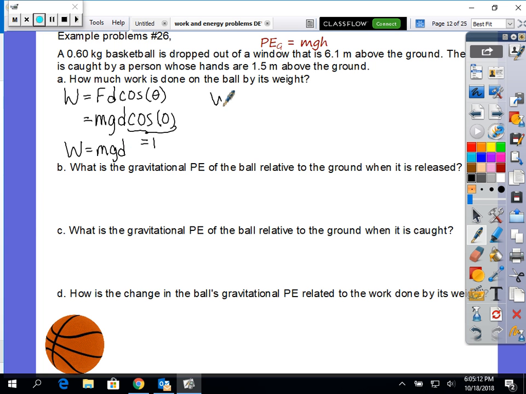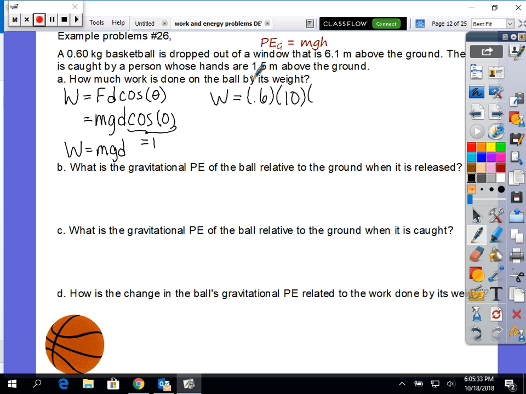So let's plug in those numbers. m is 0.6 kilograms. g is 10 meters per second squared. And d is the distance from 6.1 meters above the ground to 1.5 meters above the ground.